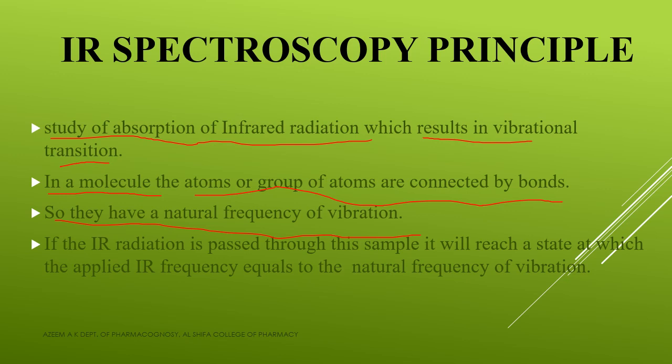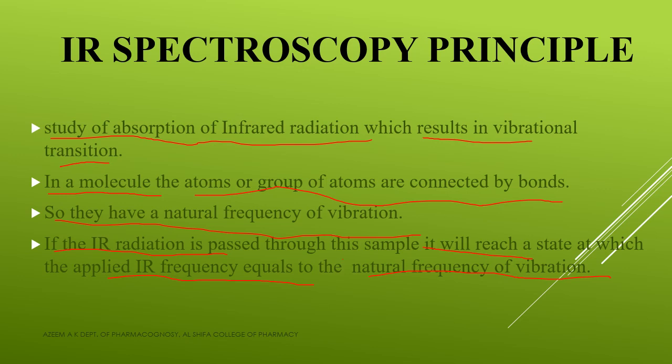Clear? And here, if any IR radiation is passed through the sample, then it will reach a state. When we pass IR radiation through the sample, we already studied that the sample will have some natural frequency of vibration because of the bonds present inside the molecule. So if the IR radiation is passed through the sample, it will reach a state at which the applied IR frequency equals the natural frequency of vibration.